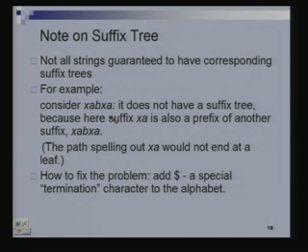Now what is going to happen? I have one suffix which is XA and another suffix which is XAB, XA. This suffix XA is a prefix of the other suffix, right? So in my trie, what is going to happen?